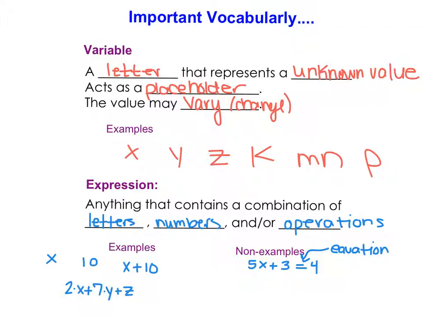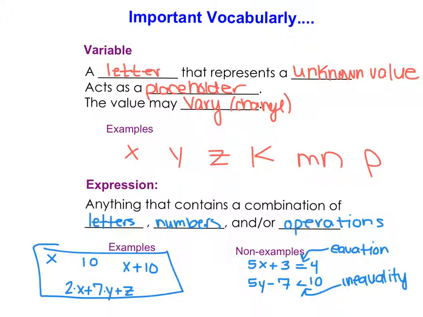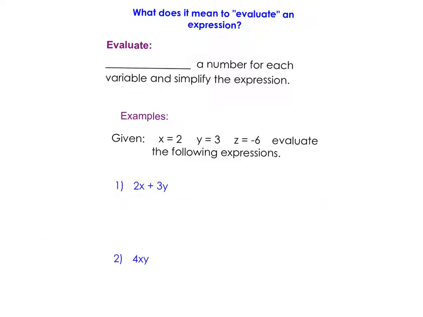We could also have something like 5y minus 7 is less than 10. And again, this extra symbol in here that's not an operation, a letter, or a number, this inequality, makes this not an expression, but an inequality instead. So what we're going to focus on in this lesson are expressions, things that contain letters, numbers, and/or operations.